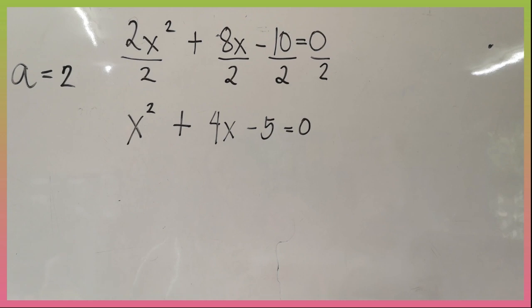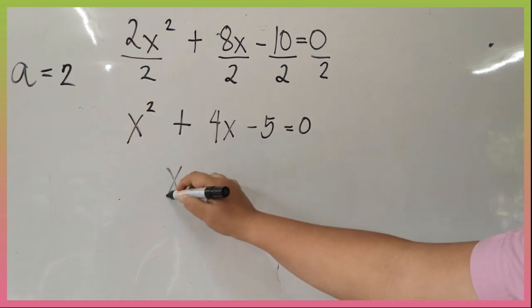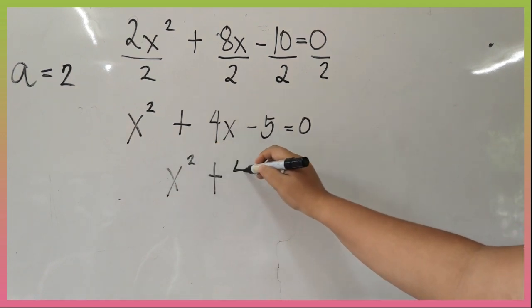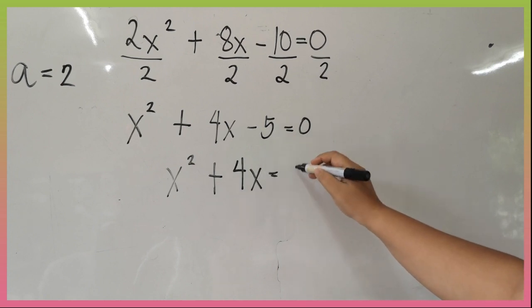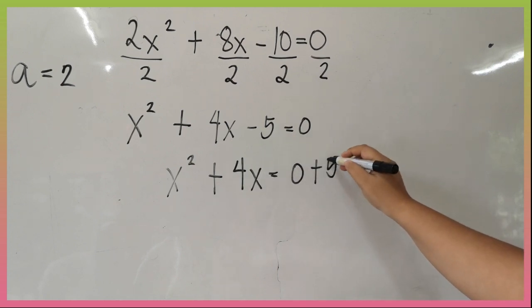Now let's proceed. After dividing by the value of a in our equation, let's make it to our next step, which is to put our constant on the right side of the equation. So you have x squared plus 4x is equal to 0 plus 5.